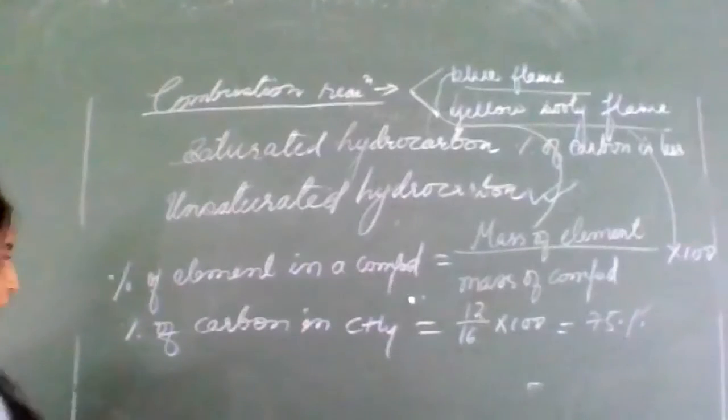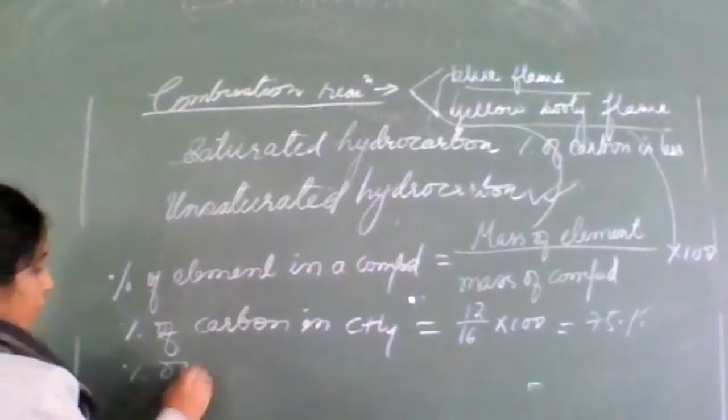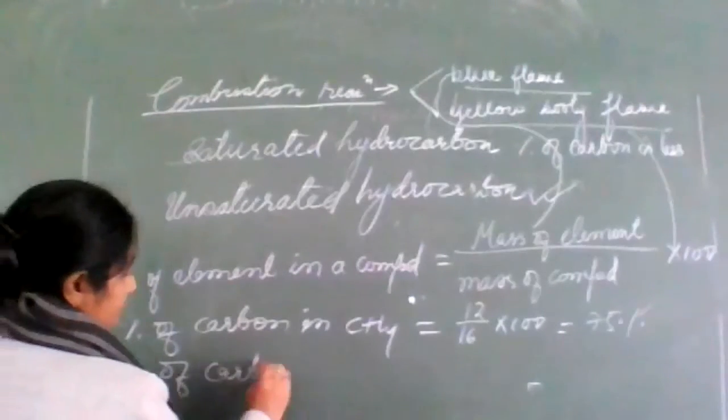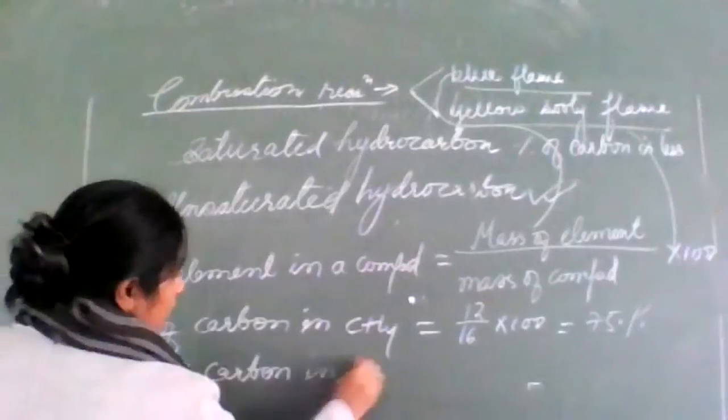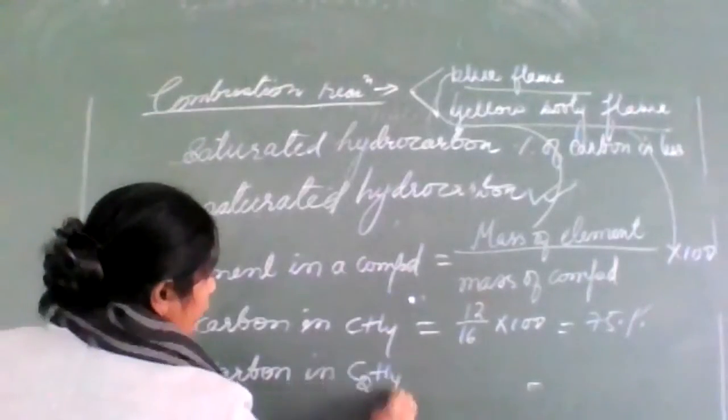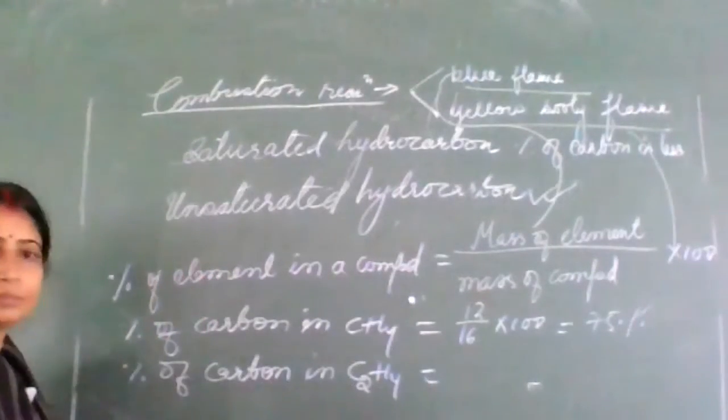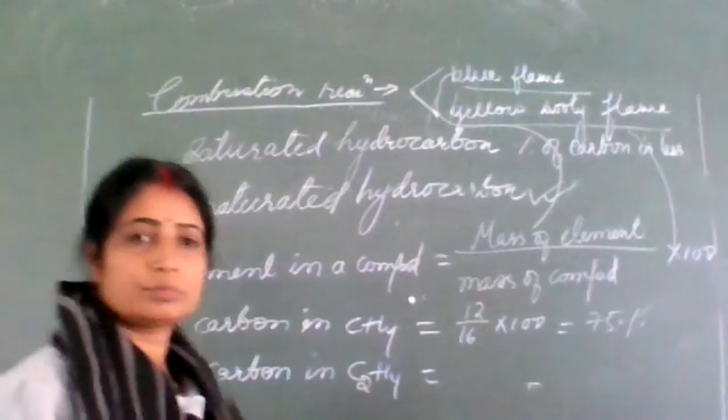And similarly, we will find out for ethene the percentage of carbon in C2H4. निकालो जरा क्या आएगा? Find it out quickly.